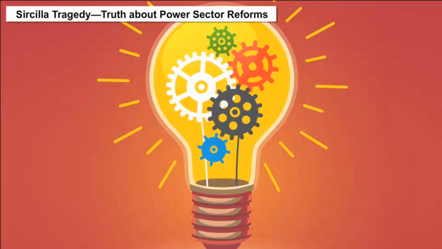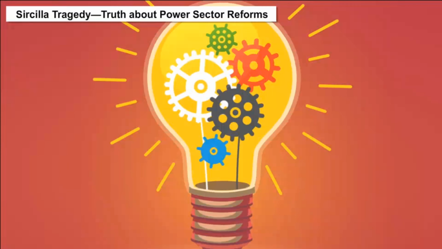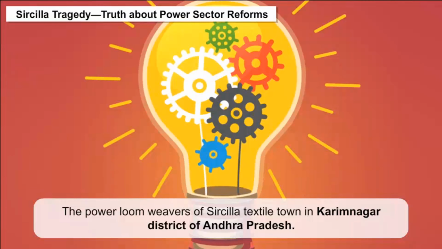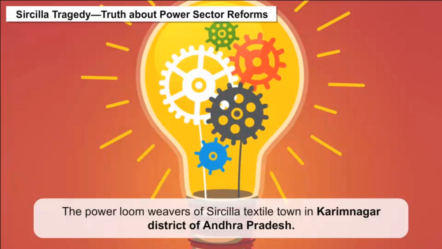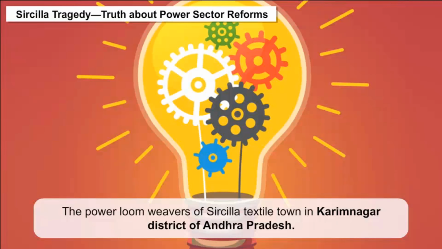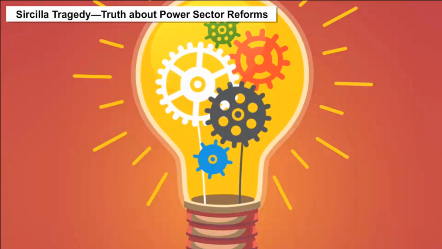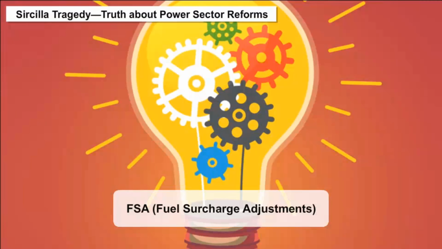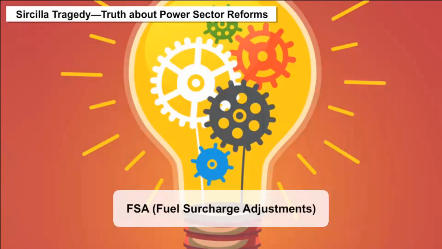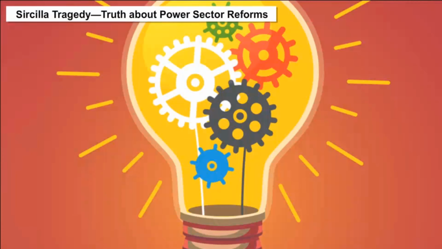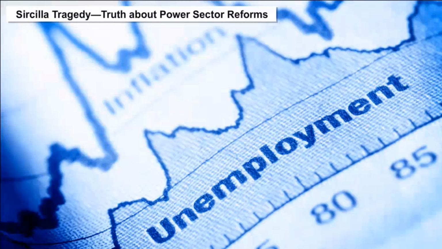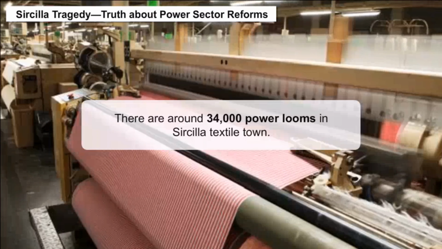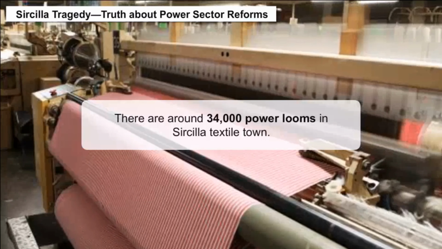Circular tragedy. Truth about power sector reforms. The powerloom weavers of Circular Textile Town in Karimnagar district of Andhra Pradesh, who are yet to recover from the burden of FSA, or fuel surcharge adjustments, are now reeling under the crisis of unemployment. There are around 34,000 powerlooms in Circular Textile Town.